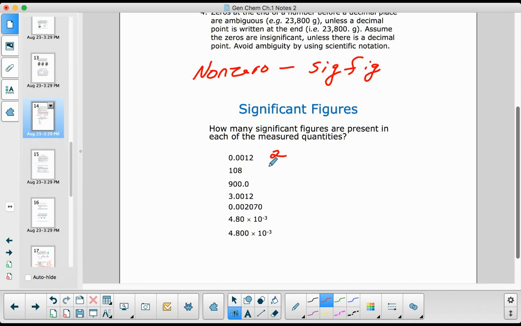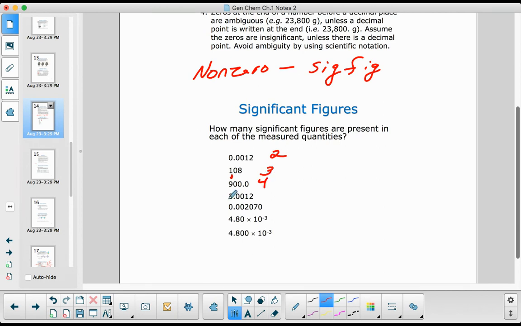Anytime a 0 comes between 2 significant numbers, that 0 itself is significant. So there's 3 there. Now, the minute I put a decimal point in, everything beyond it becomes significant, and everything before it becomes significant because I have this non-zero digit out in front. So this example would have 4.